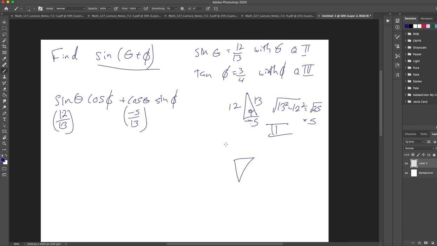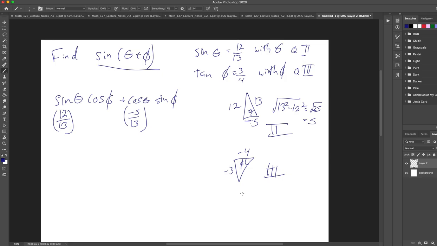Okay. Now here, I get phi, so I'm going to open up this triangle in the correct direction. Tangent of phi is equal to 3/4. But since we're in quadrant 3, it's really negative over negative. It's opposite over adjacent for tangent, so it'll be negative 3 over negative 4.